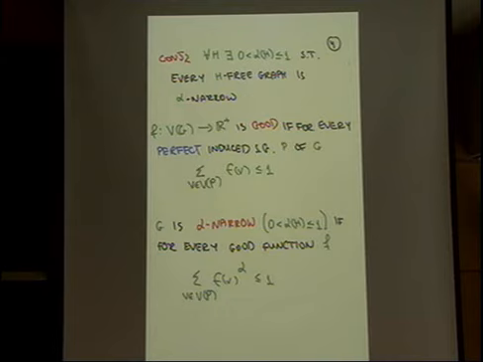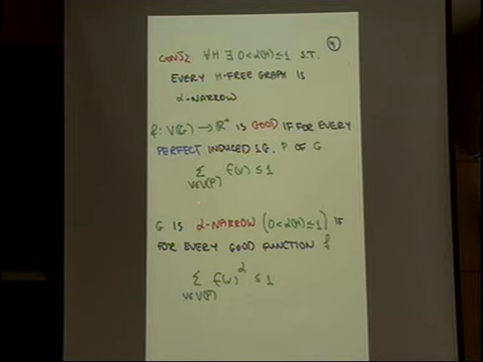So this function is good if it sums up to at most 1 on every perfect induced subgraph of G. Perfect means the chromatic number and the clique number are the same for every induced subgraph. And now I'm interested in induced subgraphs of G that are perfect graphs. Okay, so here it is. That's what a good function is.